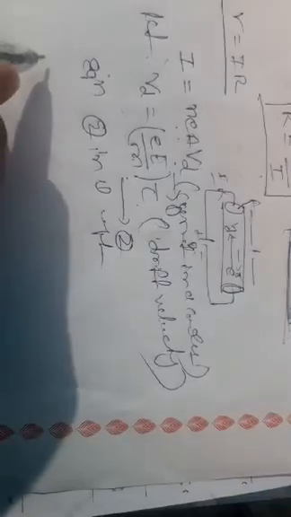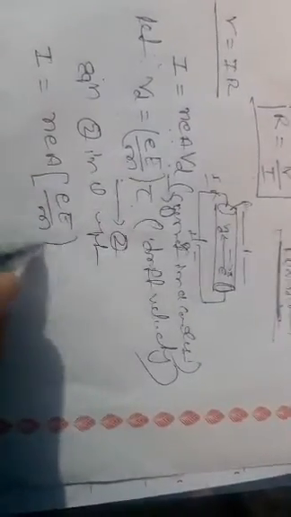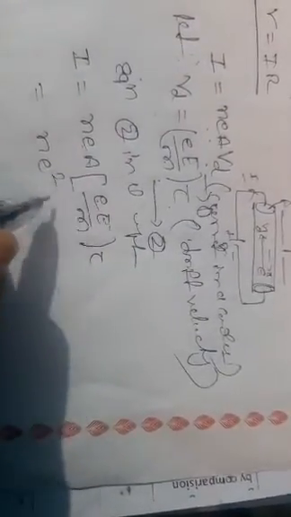Substitute equation 2 into equation 1. Equation 1 can be written as I equals n e A times the drift velocity, which is e E by m into the relaxation time. Simplify: n into e is e square, so I equals n e square A E tau by m.